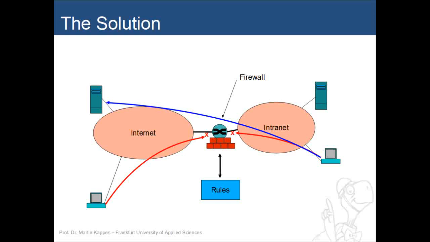That could, for instance, be the case because there is a different connection between the internet and the intranet that you haven't thought of. This might be, for instance, somebody connecting his or her machine through UMTS to a wireless network, and if that machine acts as router, that might be an entry point for an attacker into your company's network.